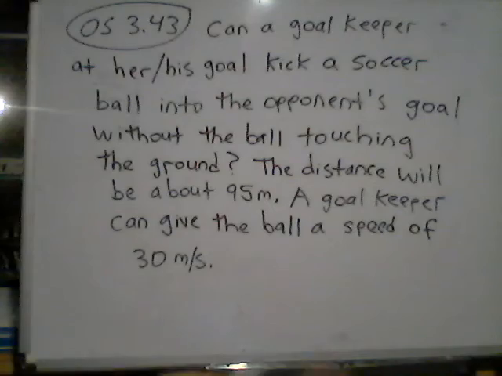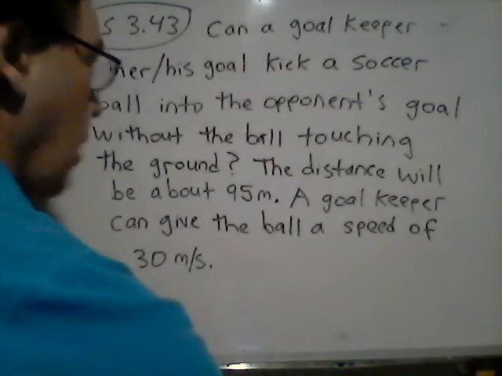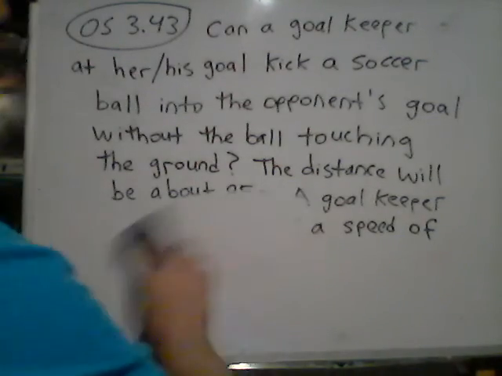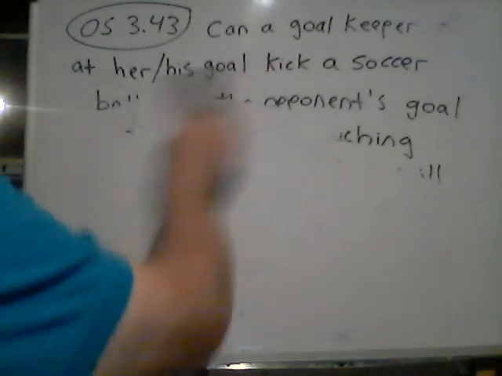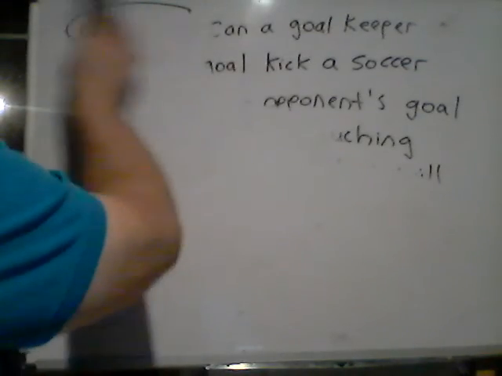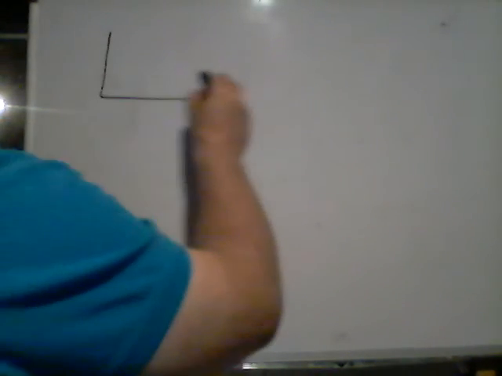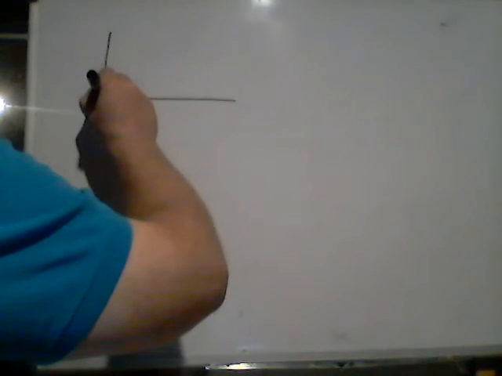All right, and so I'm going to erase this. And we're talking OpenStax 3.43 again. Okay, so what I know is that, let's just say the goalkeeper can kick the ball.